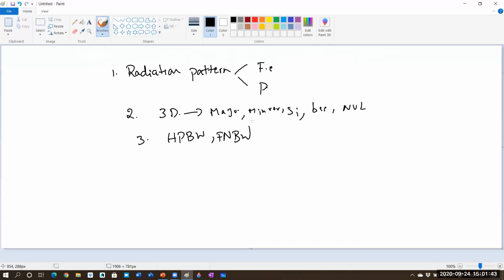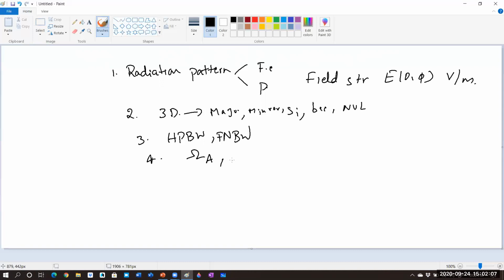Here we find the field strength units, which is E of theta comma phi, in volt per meter, and field strength and power strength. On the next one, what we observed is the beam area, the total beam area of a sphere.